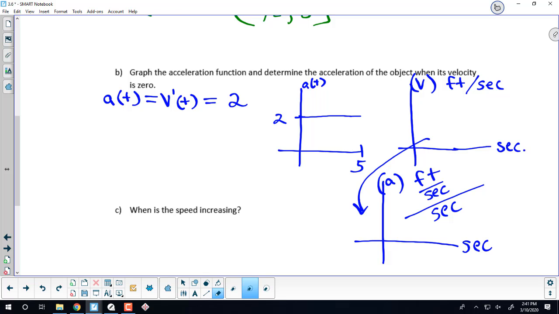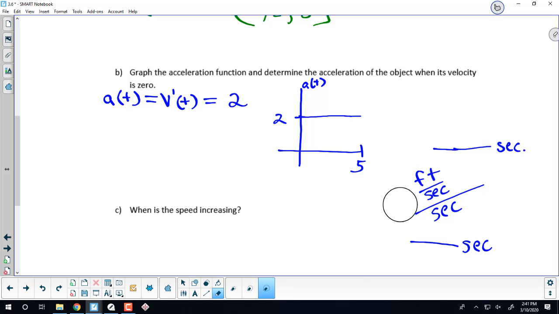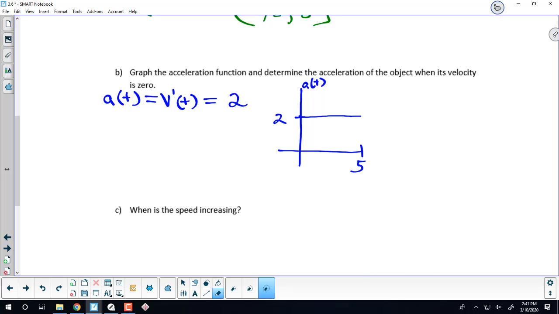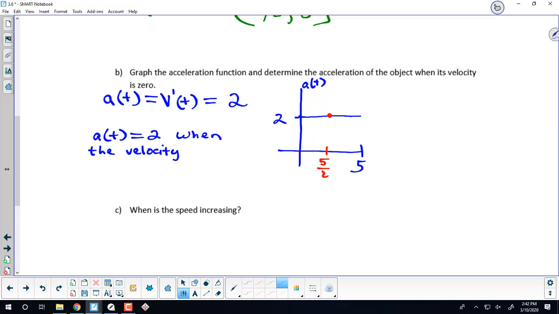And then it wants to know what's the acceleration when the velocity is 0. It's always 2. But we know the velocity was 0 at 5/2, so right here somewhere, acceleration is 2.